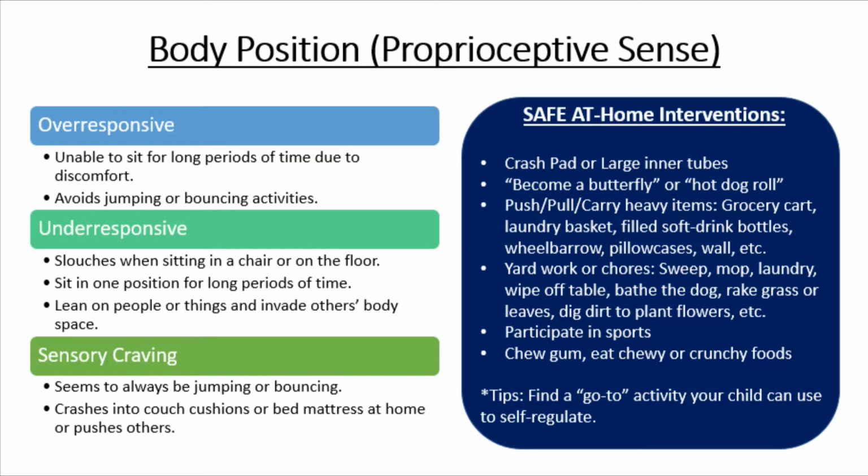And you can also use a laundry basket, fill it with some weight, whether that's laundry for smaller kiddos or some at-home weights or anything you can think of that is appropriate for them. And you could even maybe race them and make it fun. You could also fill empty soft drink bottles, and that could be something they can carry around.